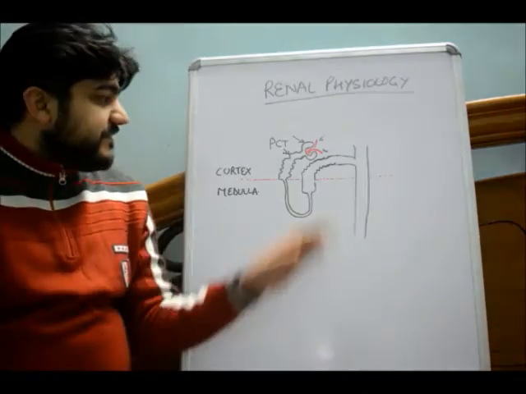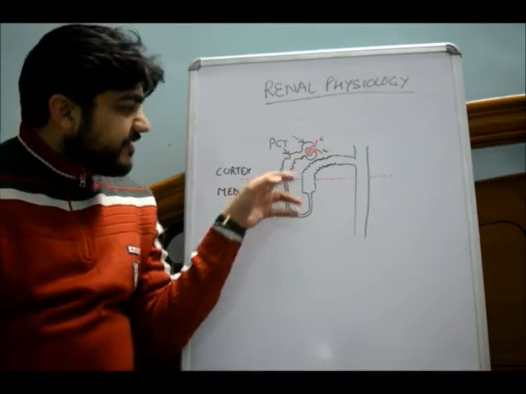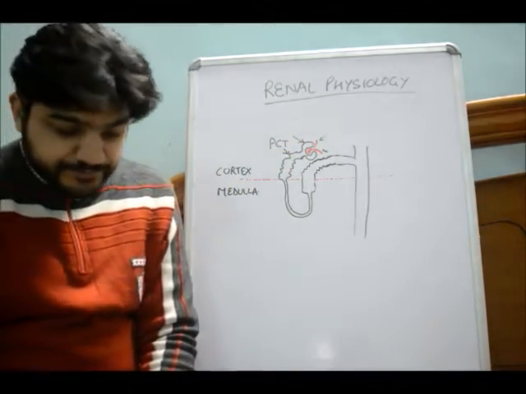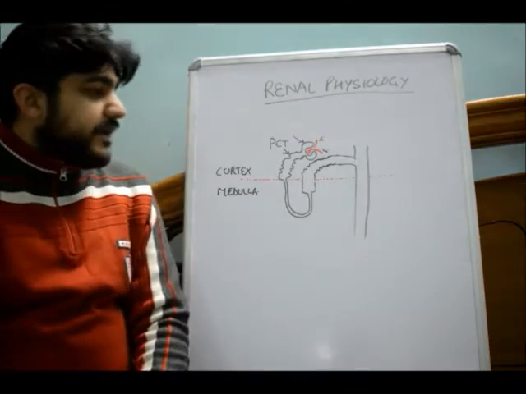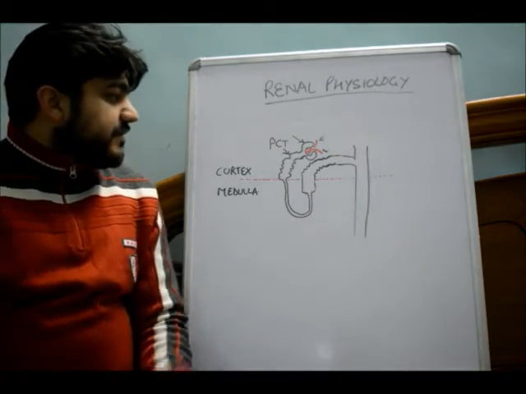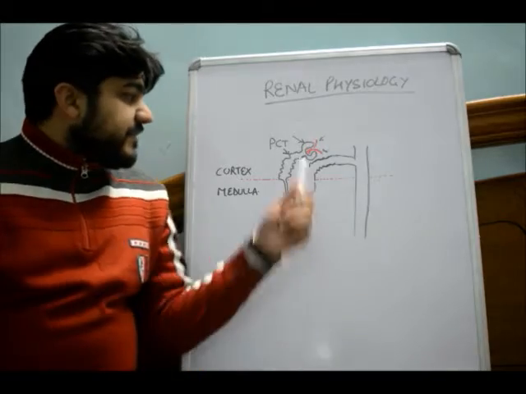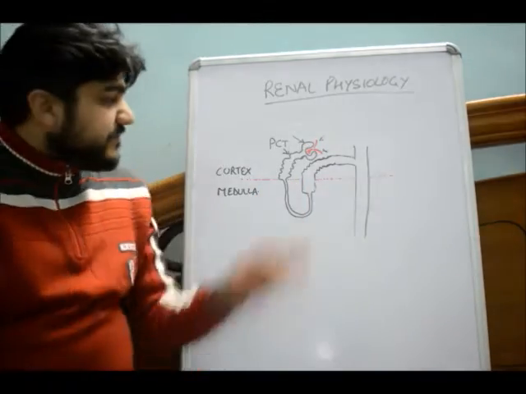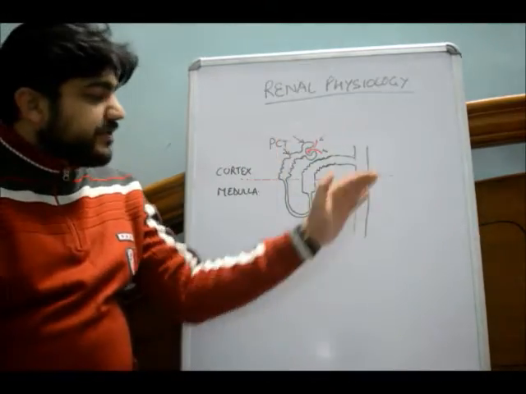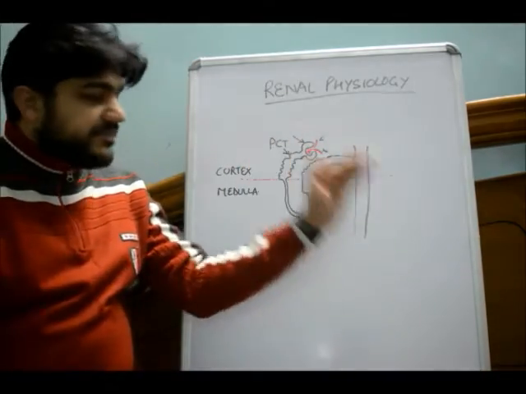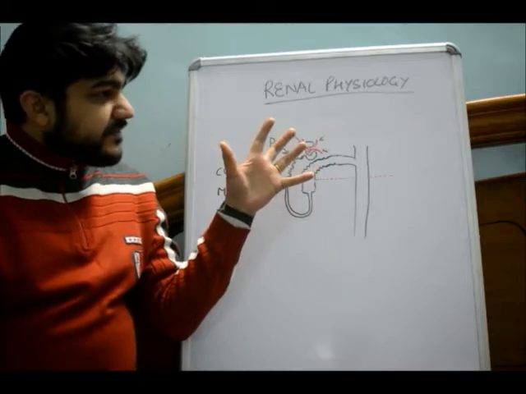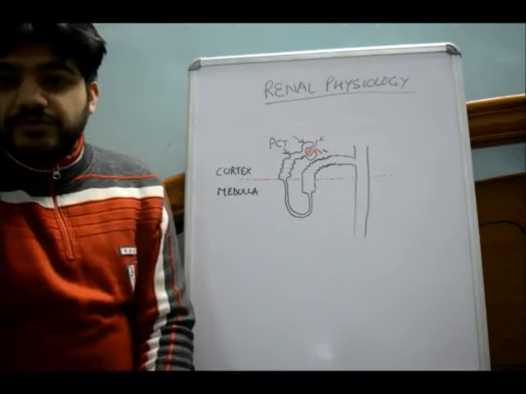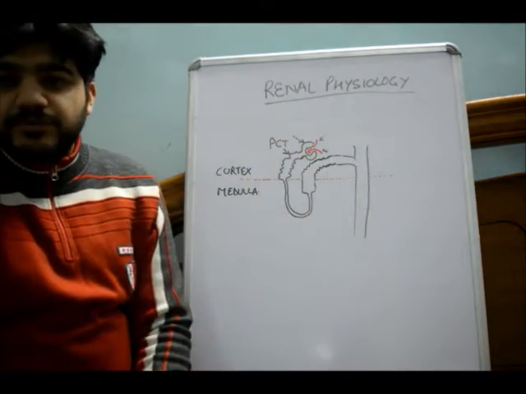All these things are reabsorbed in the proximal convoluted tubule. And one more important thing is that here the reabsorption is isotonic, meaning as many ions are moving out of this PCT, the same amount of water also moves along, since this segment is freely permeable to water.